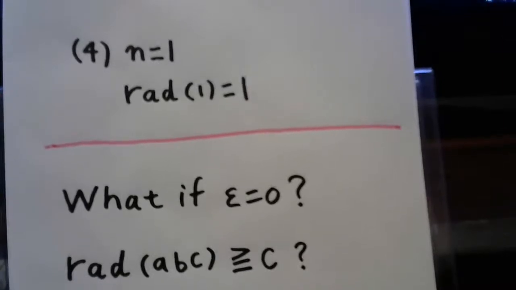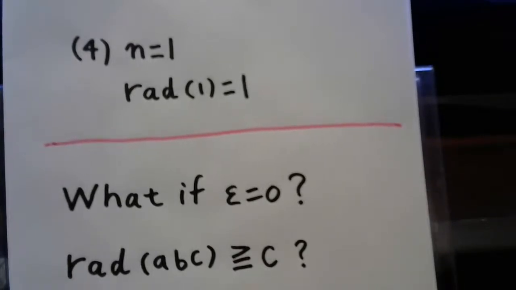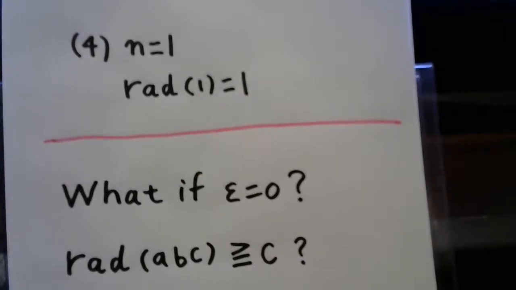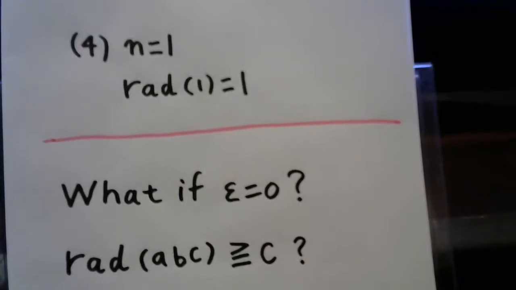But to make it simple, let's think of the case epsilon is 0. Then the statement turns to be that in most cases, radical of abc is greater than or equal to c.